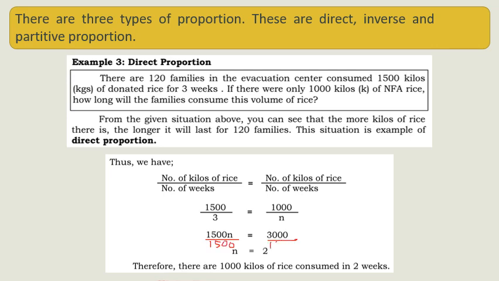So, dito sa una, 1,500 divided by 1,500 is 1. So, tanggal na siya. So, matitira na lang dito is yung n. So, dito naman sa kabila, 3,000 divided by 1,500 is 2. So, ibig sabihin, ang 1,000 kilos of rice ay tatagal ng 2 weeks. So, syempre, bababa siya kasi umunti na nga yung rice.